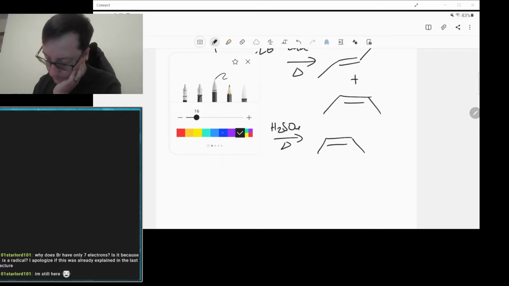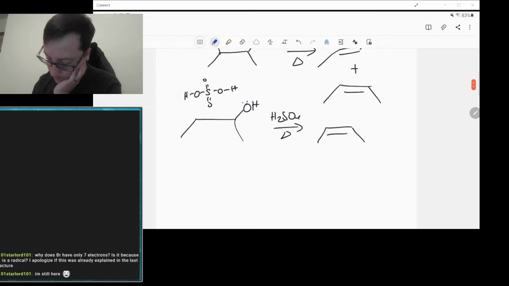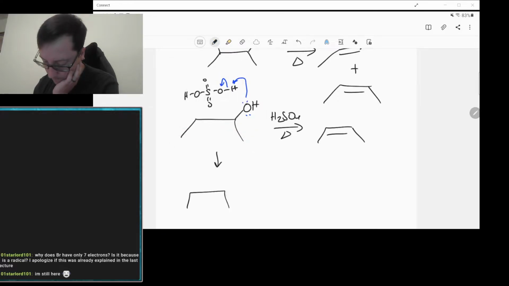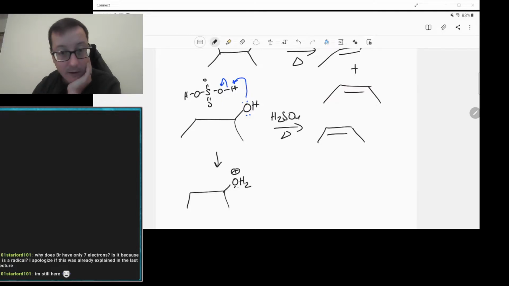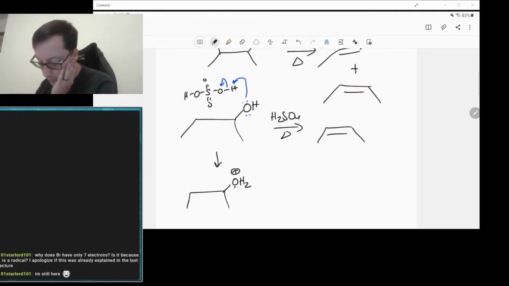Sulfuric acid. So I'm going to go ahead and grab a proton off. We now have a positively charged water, which is a good leaving group, remember.